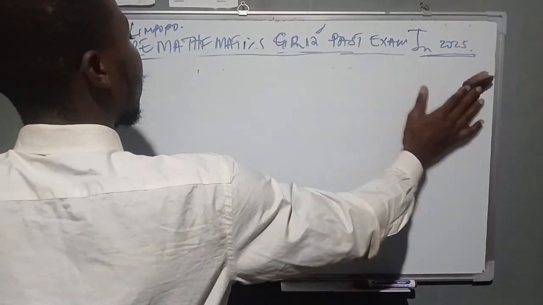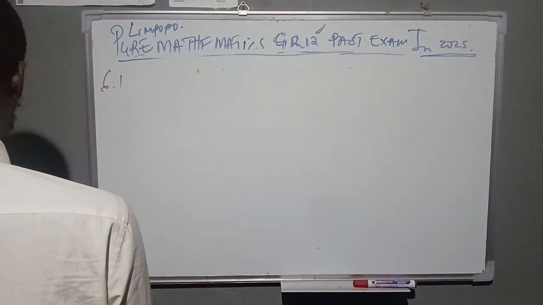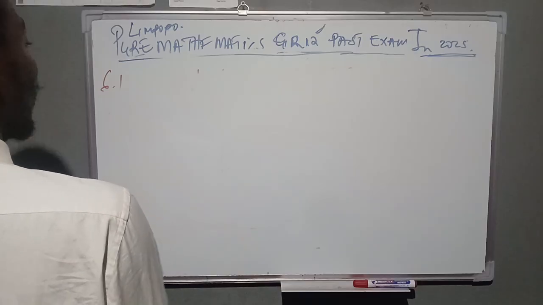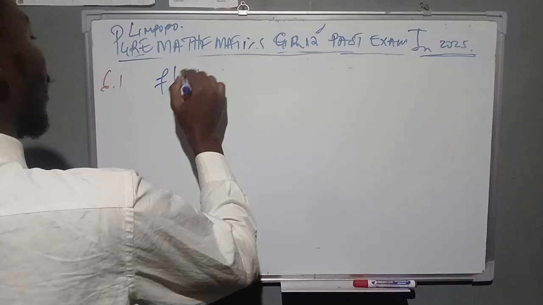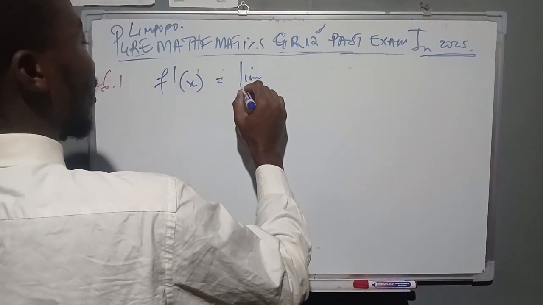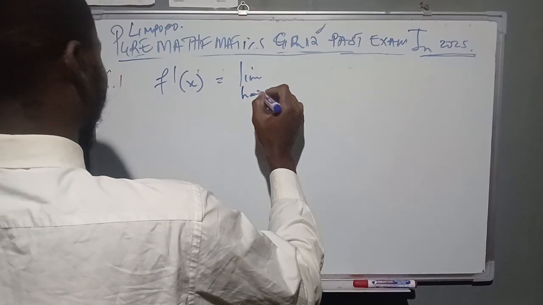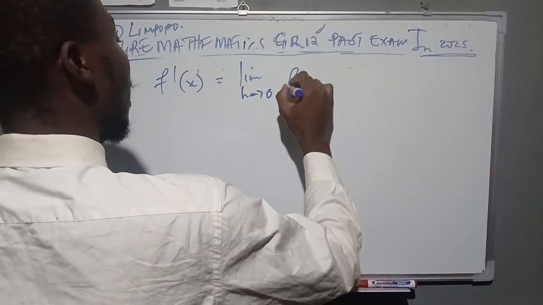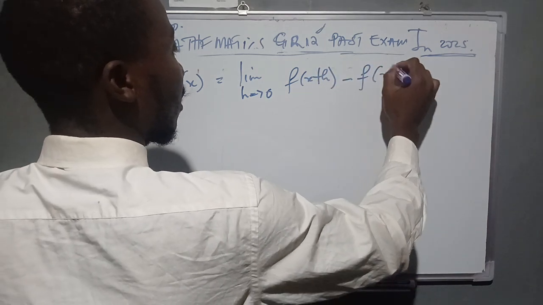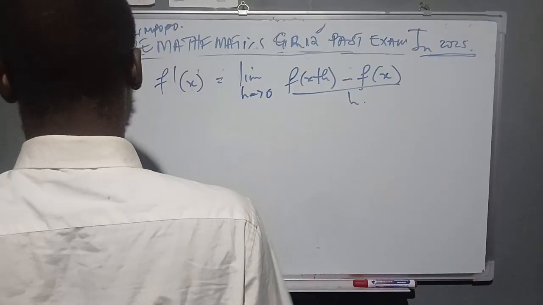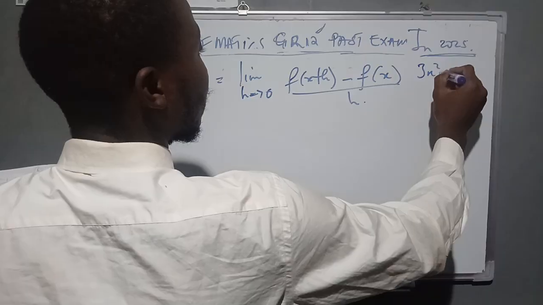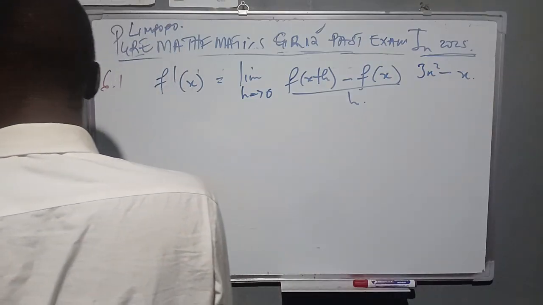Remember, f prime x equals the limit as h approaches 0 of f of x plus h minus f of x over h. And remember, the question was 3x squared minus 2x.